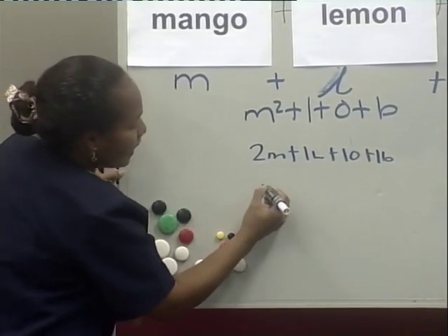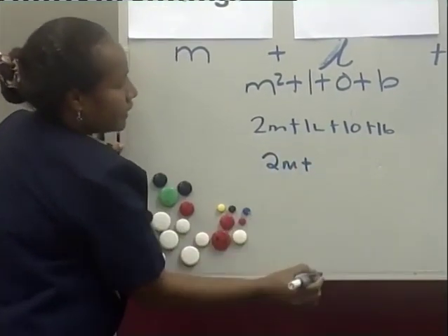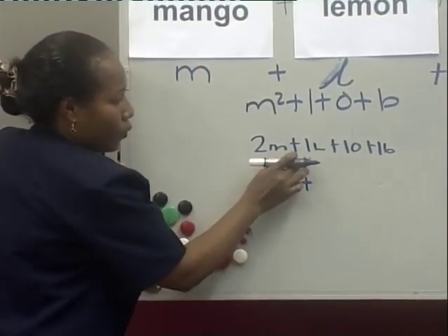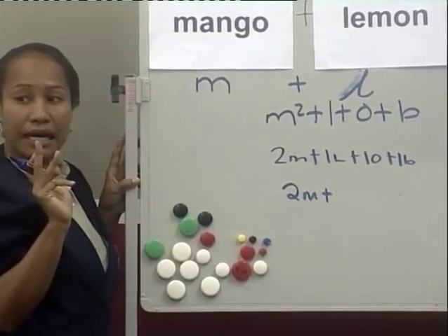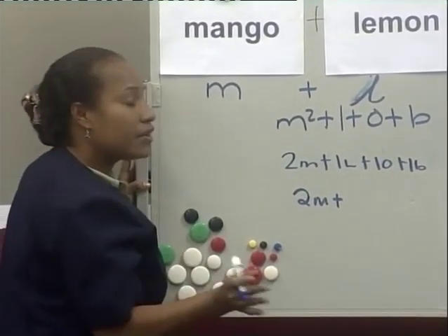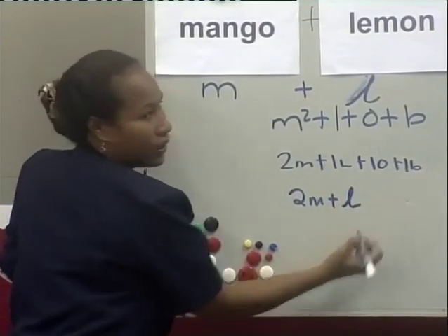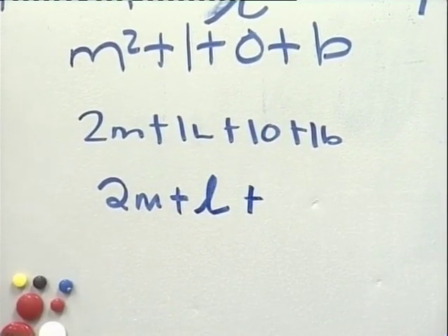We should correctly write it as 2M plus L. In algebra, again, 1 and a pronumeral, remember, get rid of the 1 and leave the pronumeral. L plus, what about 1O?